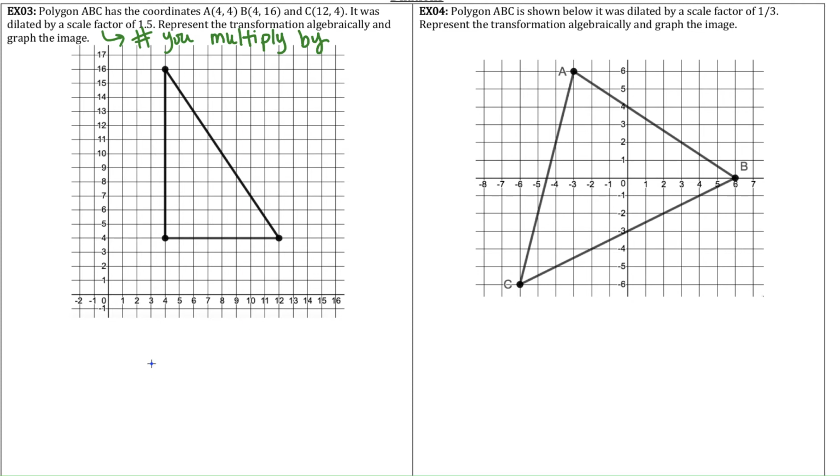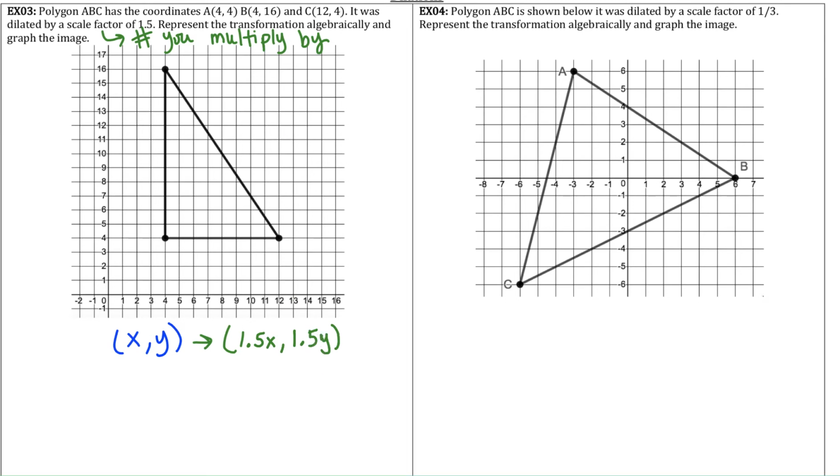So our original one is (x, y). And we are going to transform it, we're going to dilate it by a scale factor of 1.5. So that means 1.5 times the x's, and then 1.5 times the y's.